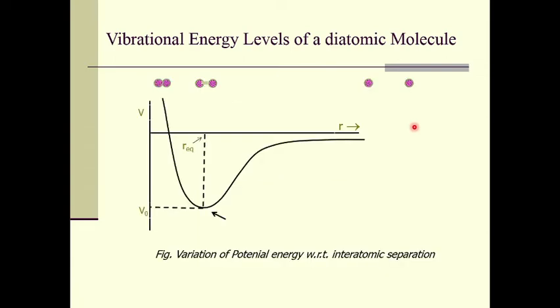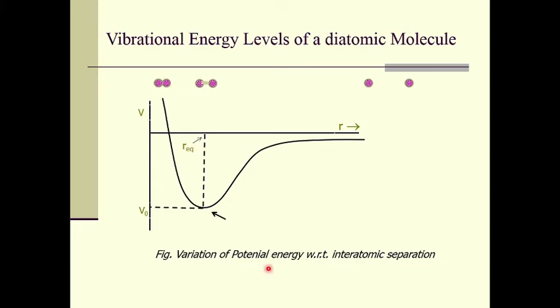Potential energy is minimum at r equilibrium, and the molecule is continuously vibrating about this equilibrium separation, and the curve is a parabola near the equilibrium separation.